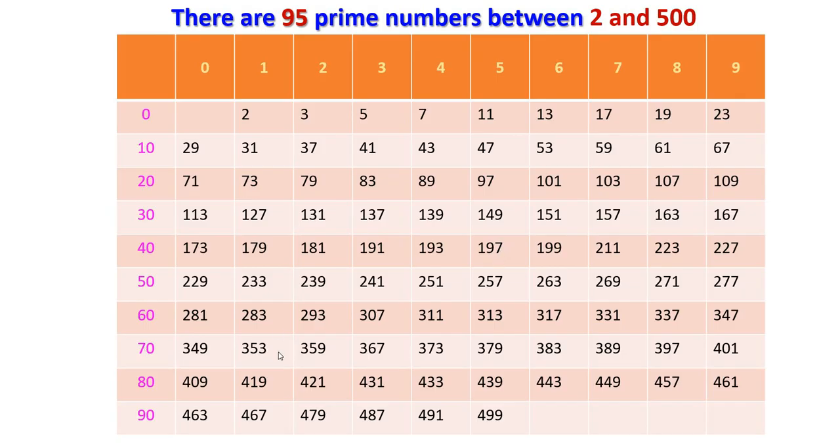Suppose you want to know the 72nd, then you have 359. So you have a website with up to 1000 prime numbers. You can see that from the website, maybe from Wikipedia.